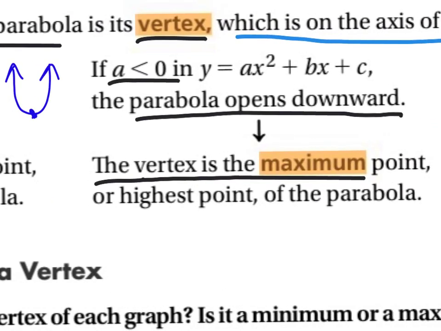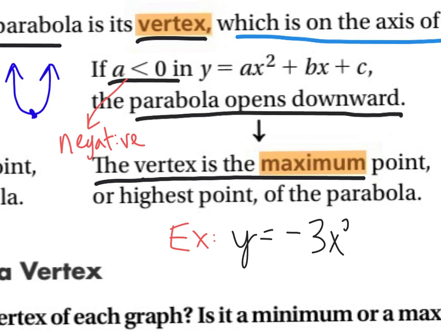If a is less than 0, in other words a is negative, for example y equals negative 3x squared plus 5x plus 9, it doesn't matter what the signs of your x term or your constant are. It's just the sign of the x squared term.